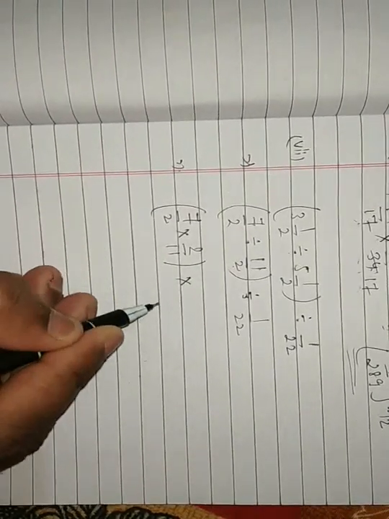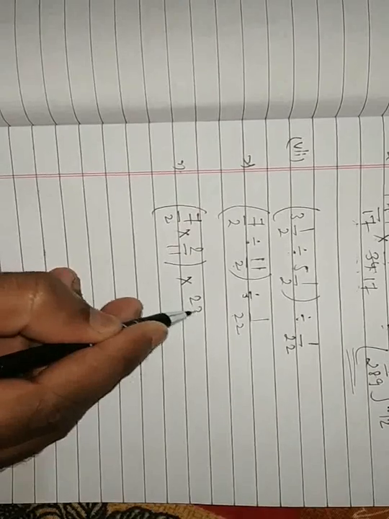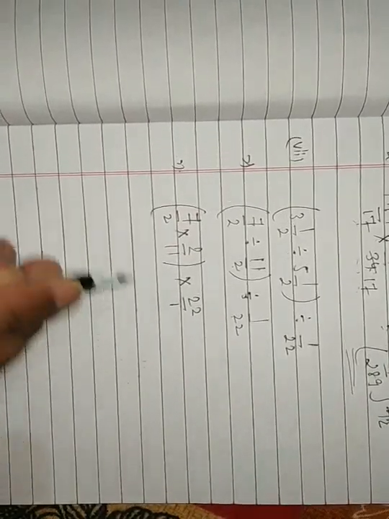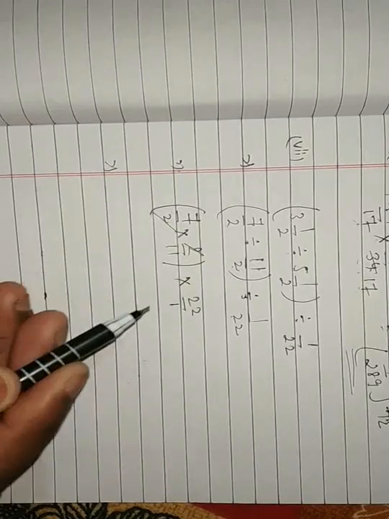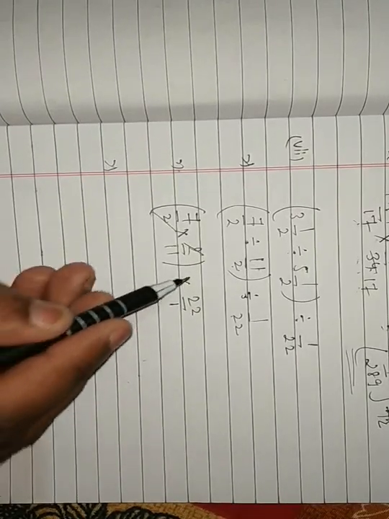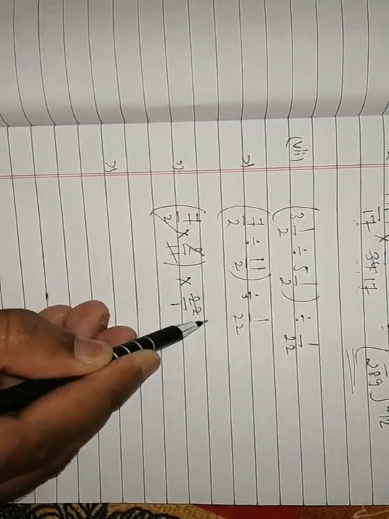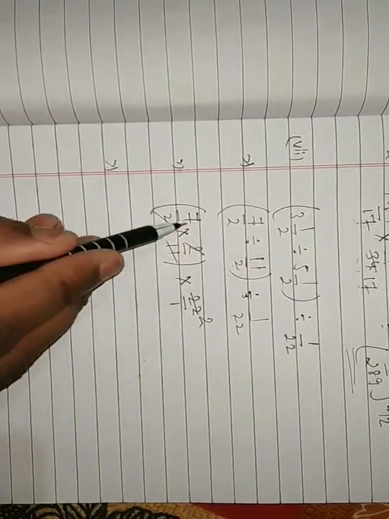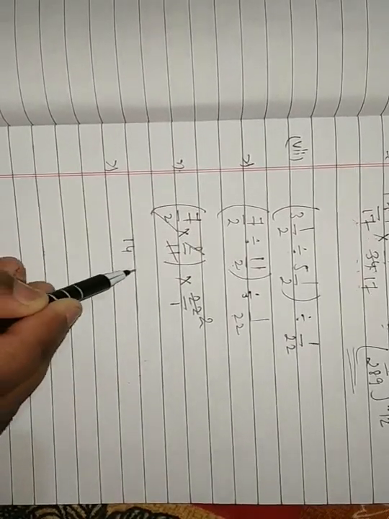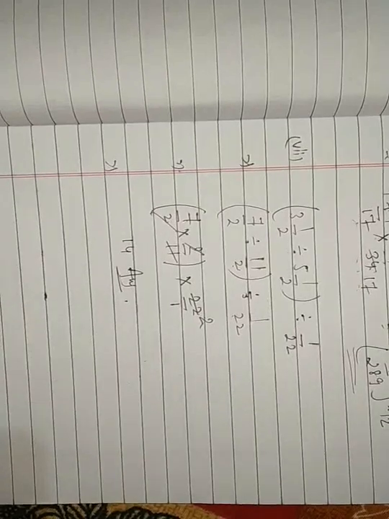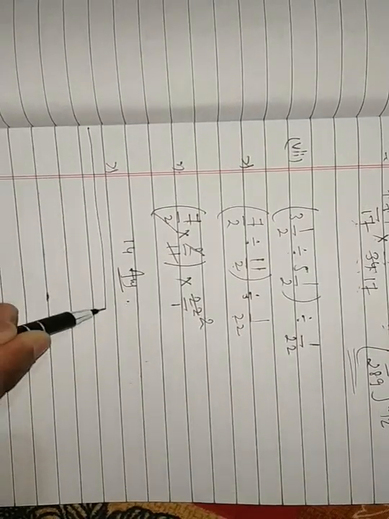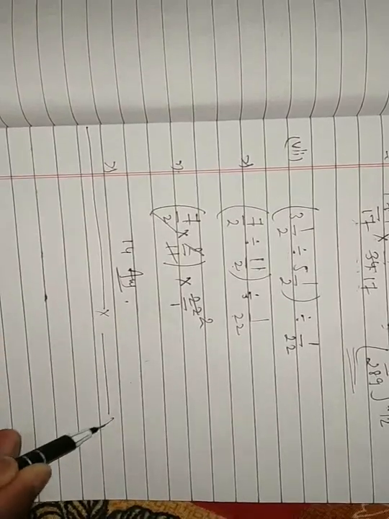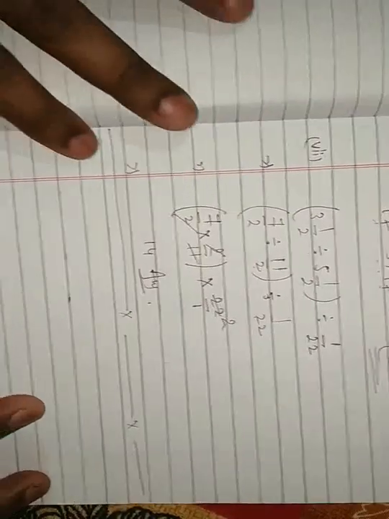Divide will change into multiply and 1 by 22 will be 22 by 1. Now this 2 and this 2 can be cancelled out and 11 will divide 22 2 times. What do we get? 7 2s are 14, the answer. I hope the division of fractions is clear to everyone.